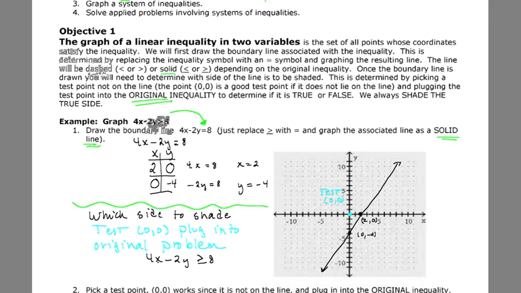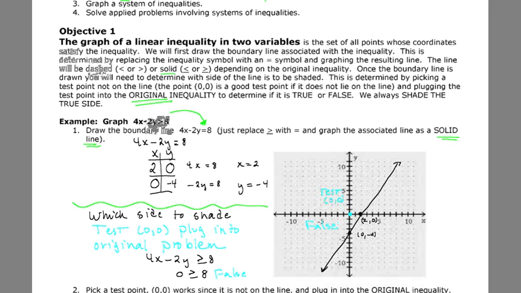So put a 0 for x and a 0 for y, and I'll end up with 0 is greater than or equal to 8, doing the arithmetic. Now I have to look at that inequality and decide, is that result true or false? Is 0 greater than or equal to 8? And it's not. So this test point, when I plug it into the original, comes up to be false.